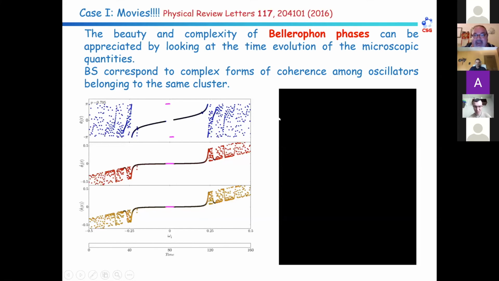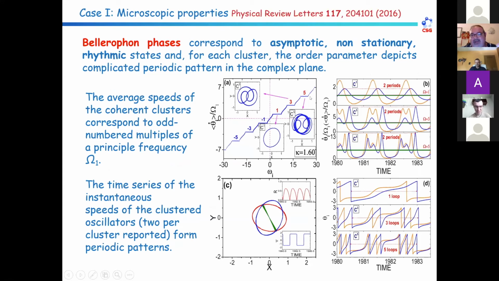If I now take cluster 1, and now I rename this cluster 1, 3, 5, because there are multiple frequencies. So you see, if I take the oscillators belonging to cluster 1, and I calculate only on these oscillators my Kuramoto order parameter.